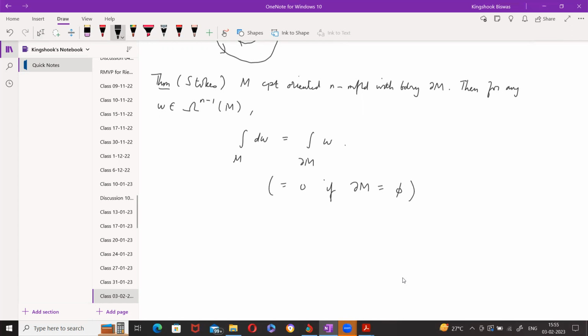Yeah, it's clear. Okay, so any questions about integration, Stokes' theorem? Any questions?